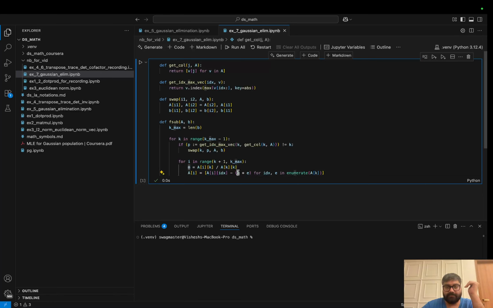That's the multiplier. We multiply it by that element in the row containing the pivot, and then take that away from the current element in the current row. Yeah? Yeah. Right?